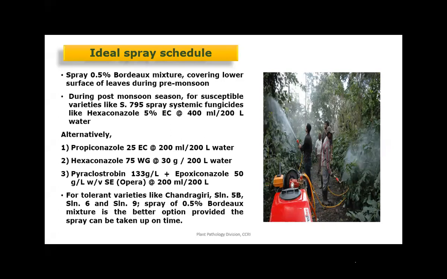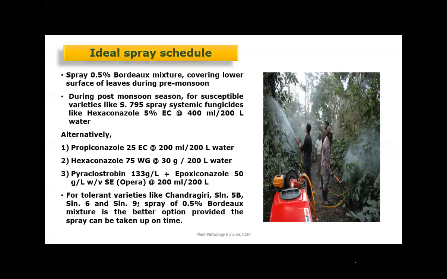And post-monsoon, for susceptible varieties, we advise going for systemic fungicides like hexaconazole. And for the tolerant varieties, you can use the Bordeaux mixture if the disease is not noticed. If disease is there, you can opt for the systemic fungicides.